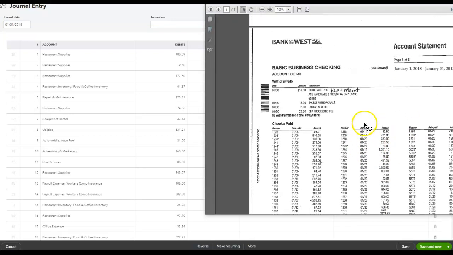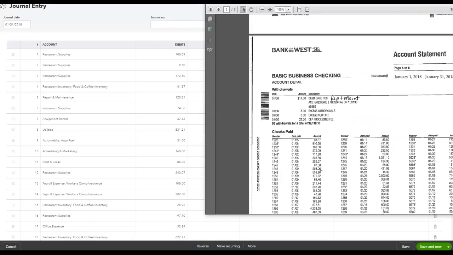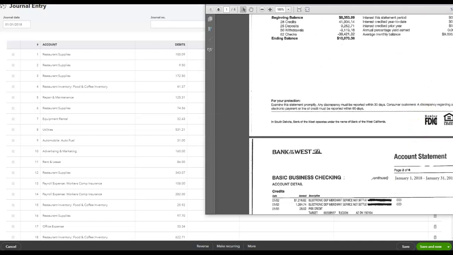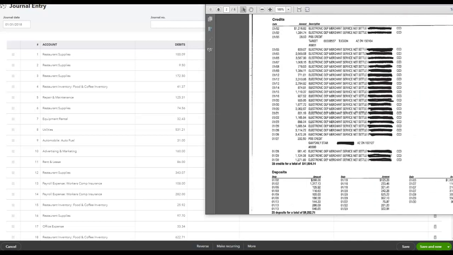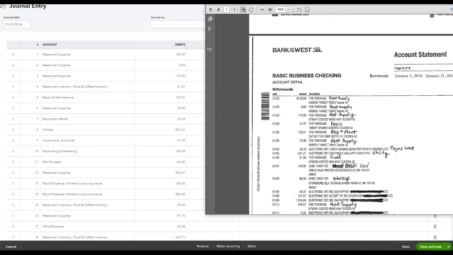So if I look at my bank debits, I can actually go up to, oops, sorry. So the first one, restaurant supplies, debit $100.09. So I've entered all of these except for the payroll payments. There's one to IRS, one to Arizona, and another one to IRS.